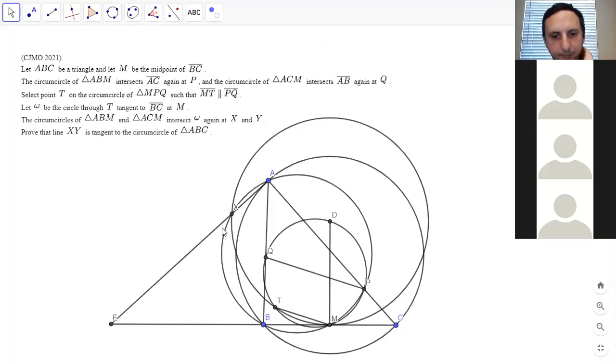So XMB is XAB, which is ACB if we assume it's tangent.